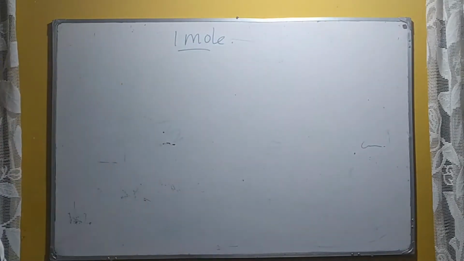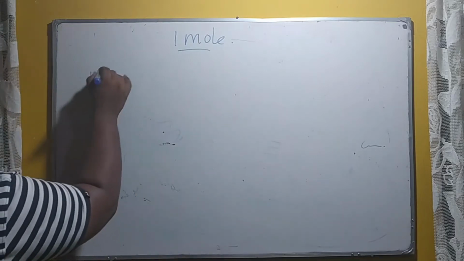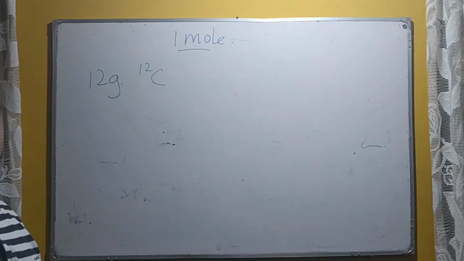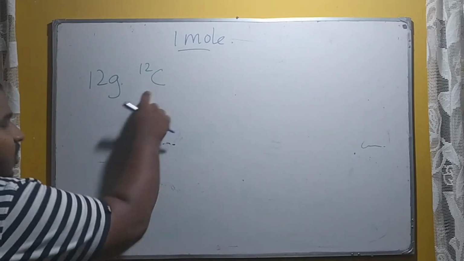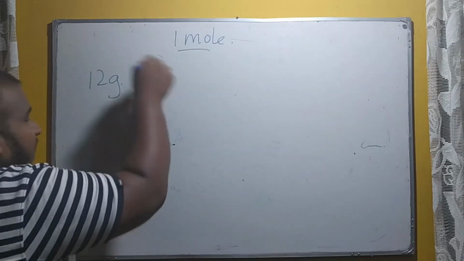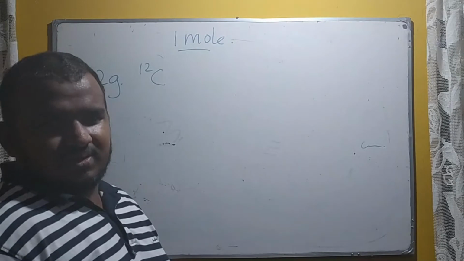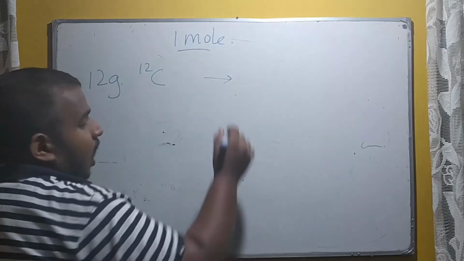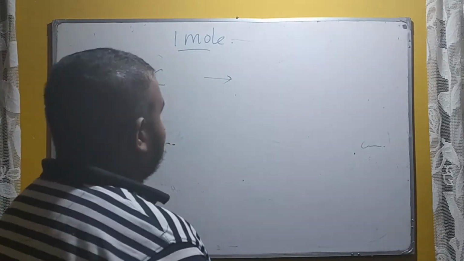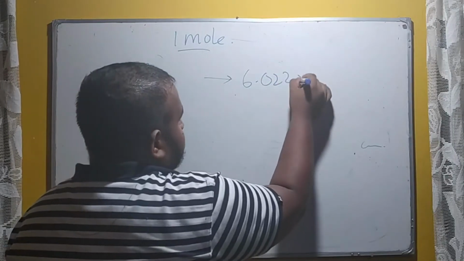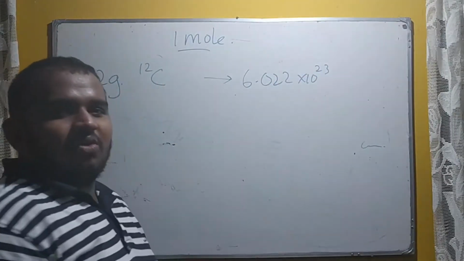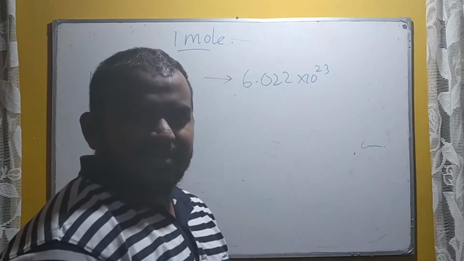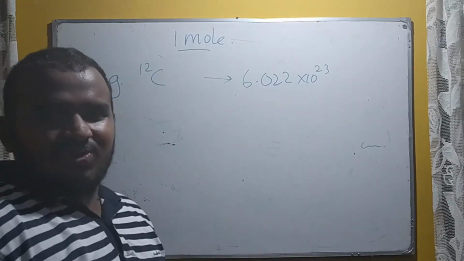Carbon has 2 isotopes, carbon-12 and carbon-14. If you take 12 gram of carbon-12, how many carbon atoms will there be? It will be 6.022 into 10 to the power of 23. This much amount of carbons. Simple. So that is the value of a mole.